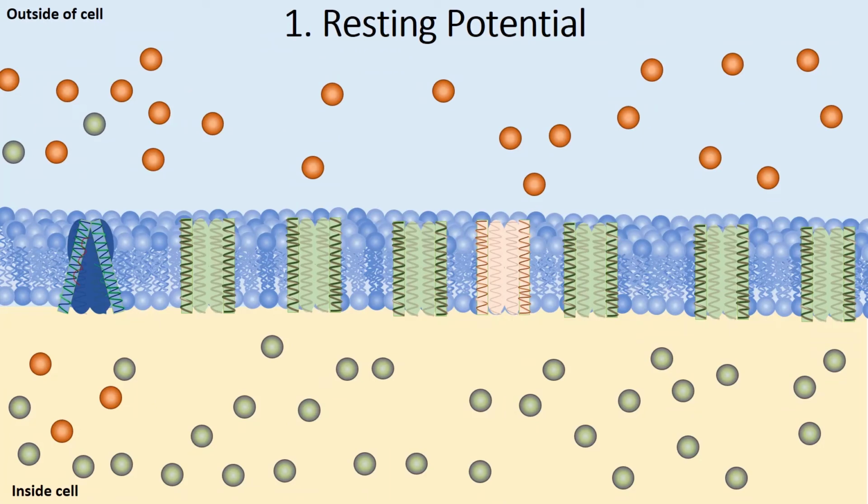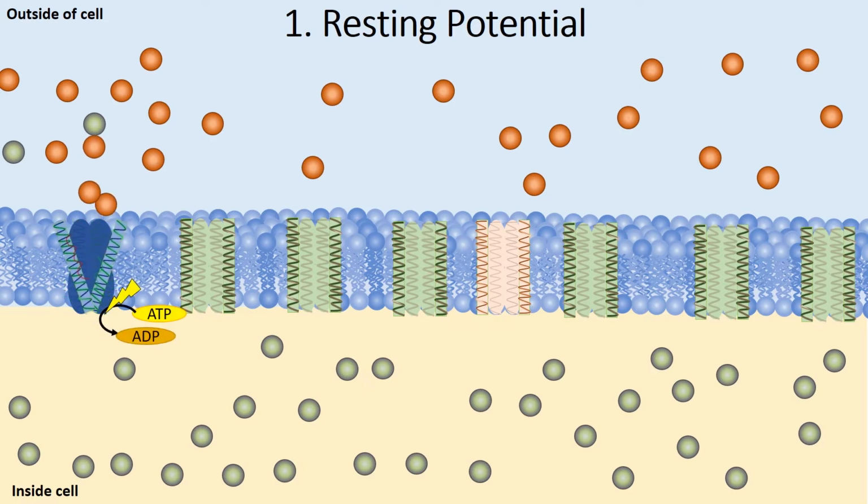Okay, so we have voltage-gated ion channels. We have graded potentials which move us either more or less polarized than the resting potential. Let's put it all together. We're going to start our action potential at resting potential. Recall, while this is going on, sodium-potassium pumps are churning away.